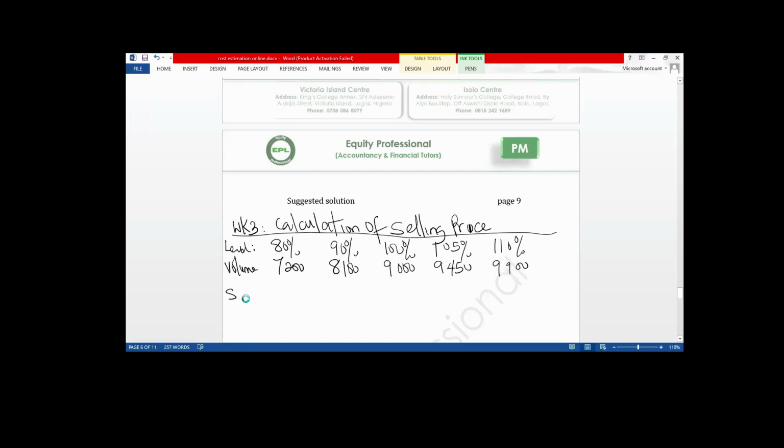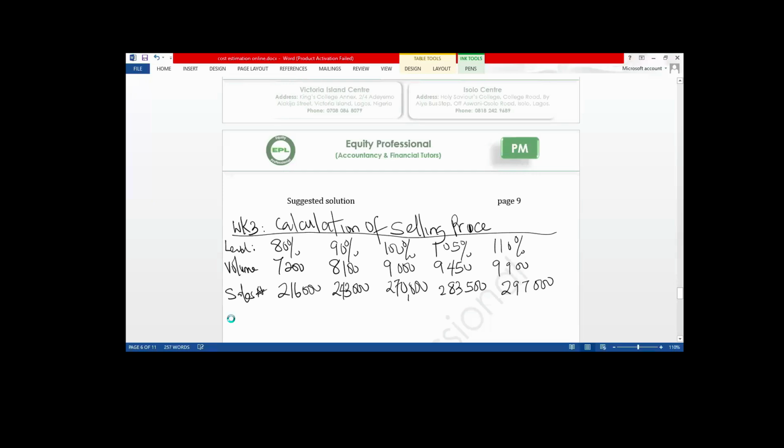Then our sales value in Naira, how much, please? 216,000. 243,000. 270,000. 283,500. 297,000 naira.